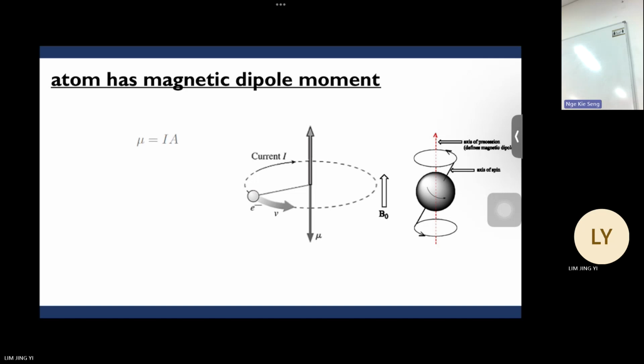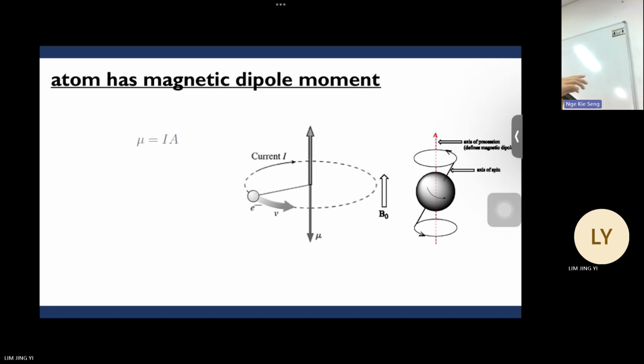You may ask, why does an atom have a magnetic dipole moment? In fact, every atom has a magnetic dipole moment because every atom has electrons. Look at the picture on the left first. The atom consists of an electron that orbits around the nucleus, and the electron carries charge. To be precise, it revolves around the nucleus, which is on the right of the diagram.